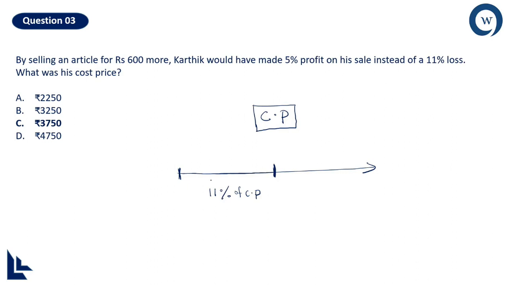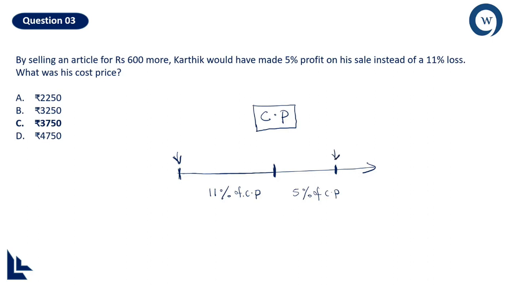He is standing here. Now they are saying that if he had sold the item for rupees 600 more, he would have made a profit of 5%. That means if he sold it for 600 more, he would have got 5% profit. 5% of what? Cost price. Now he is currently standing here, but if he sold it for 600 more, he would have stood over here.